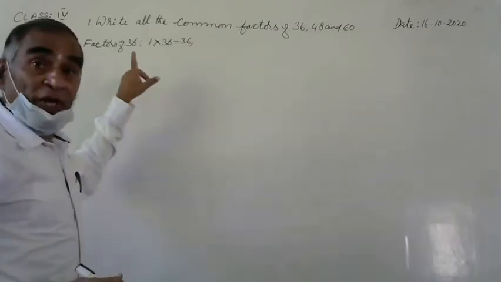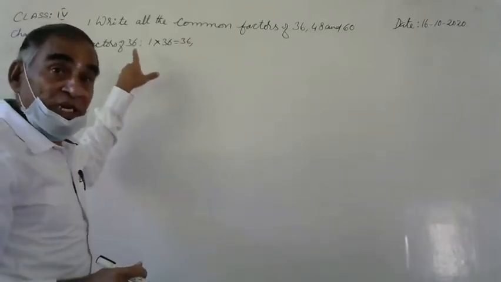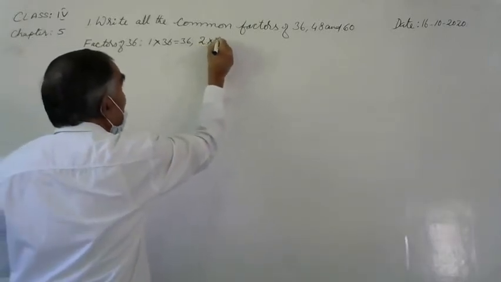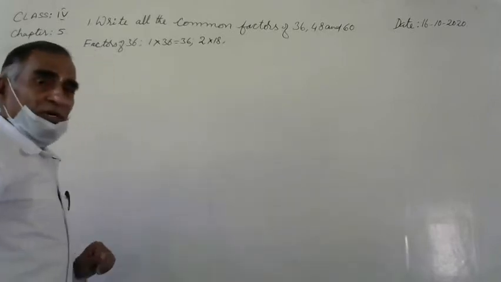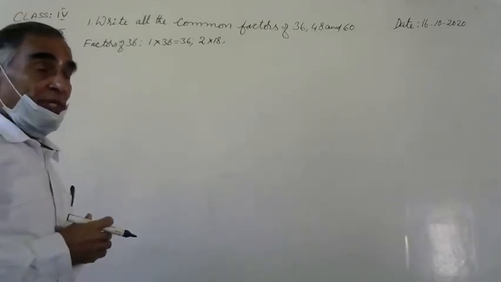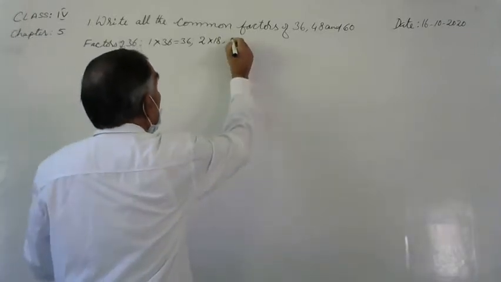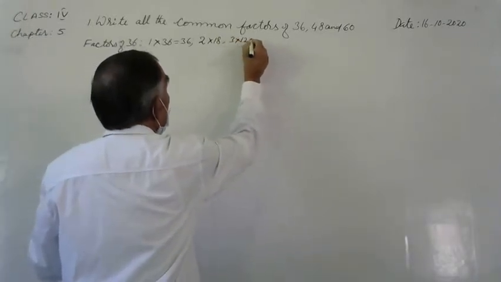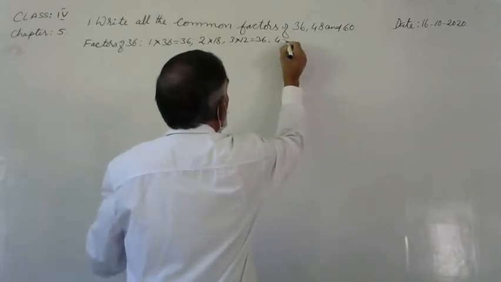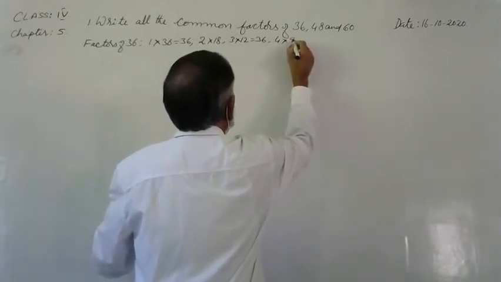Next, 2 is also a factor of 36 because 36 is an even number. 2 18s are 36. Then the 3 table: 3 12s are 36. The 4 table: 4 9s are 36.